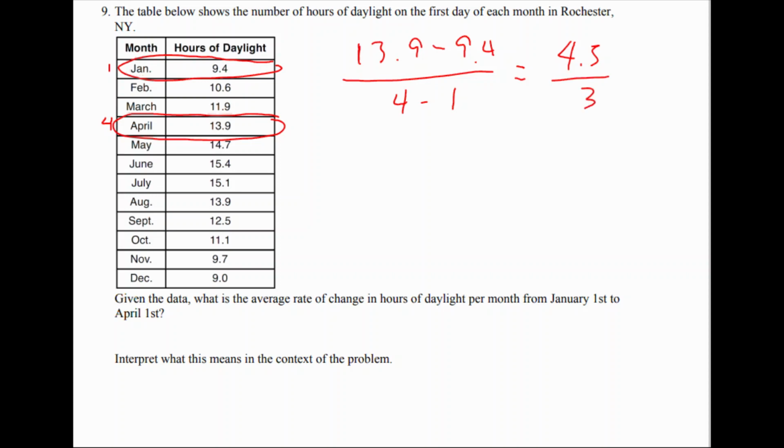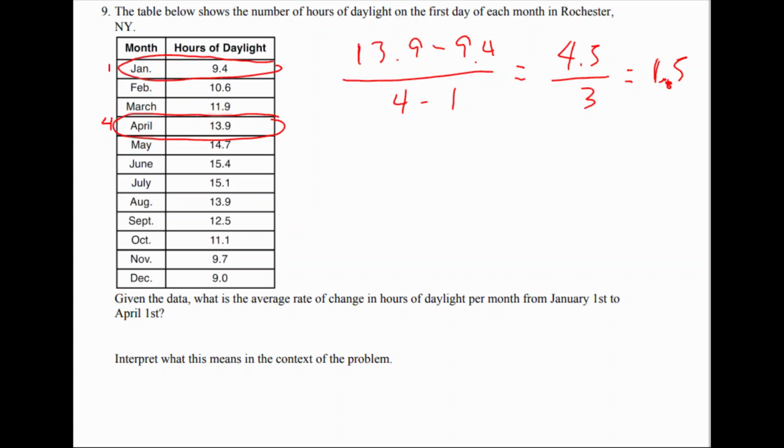Now, 4.5 divided by 3 gives us 1.5. Sorry, my handwriting is not that great, ladies and gentlemen. So 1.5. Now this 1.5 is the average change in hours of daylight.